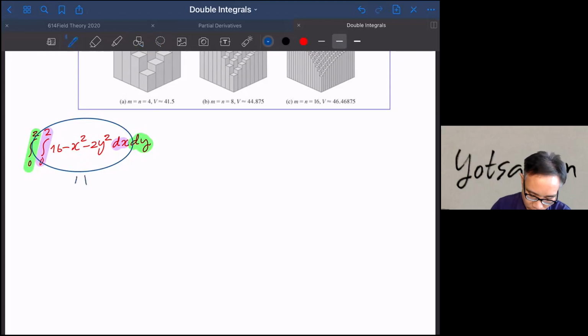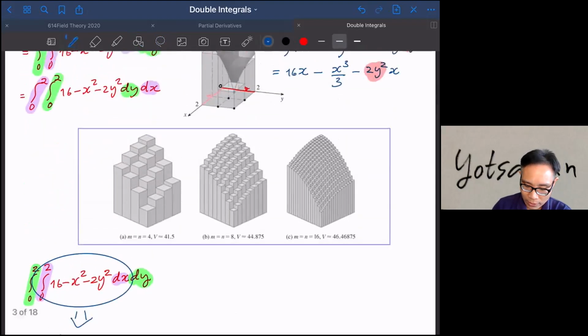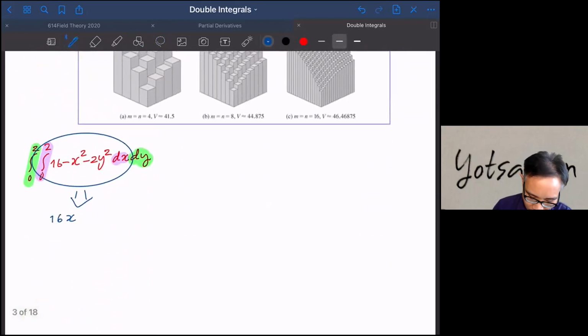For this one, I'm going to integrate 16 with respect to x, so I'm going to have 16x, like I have up here. So it's going to be 16x minus x to the third over 3 minus 2y squared x, from x equal to 0 to x equal to 2.